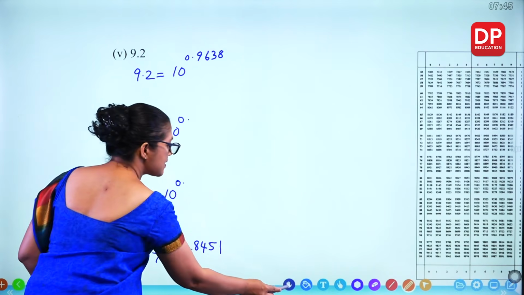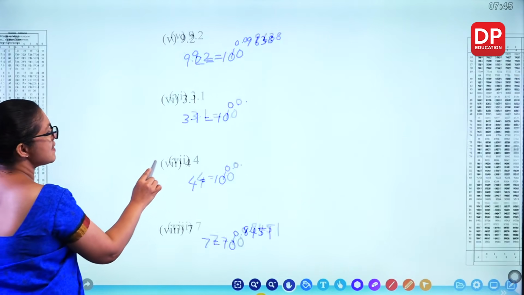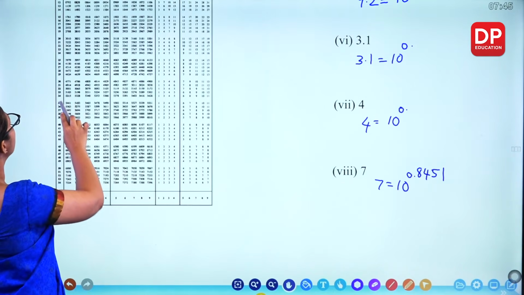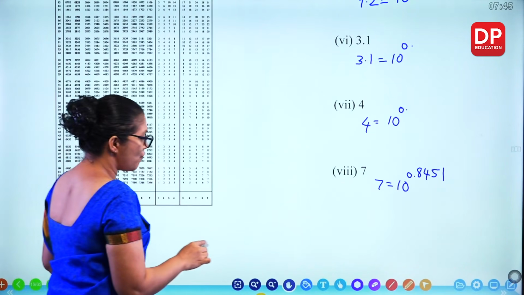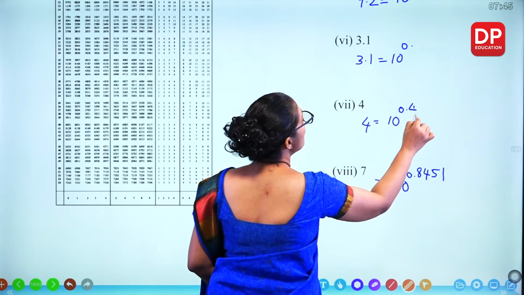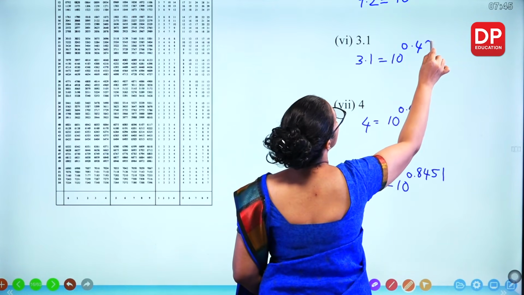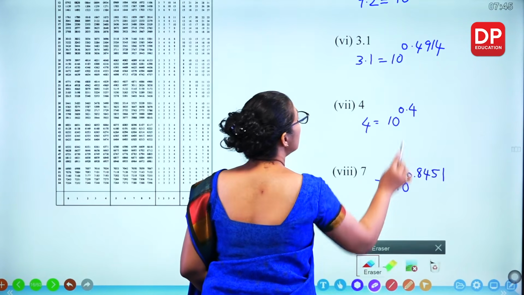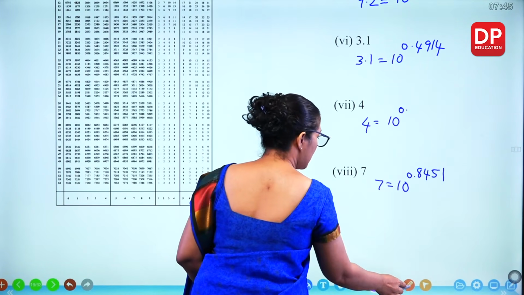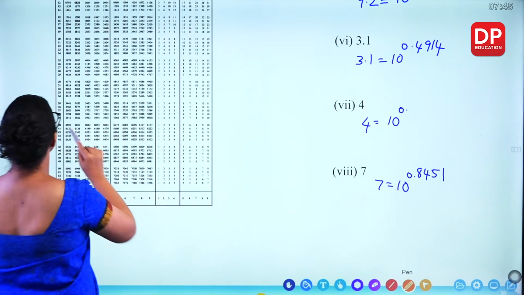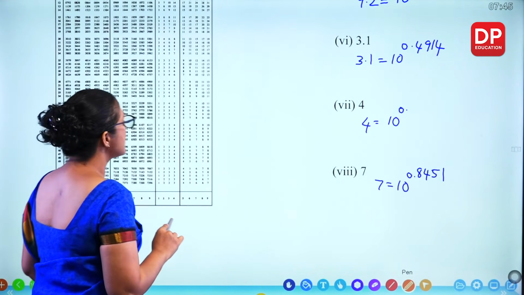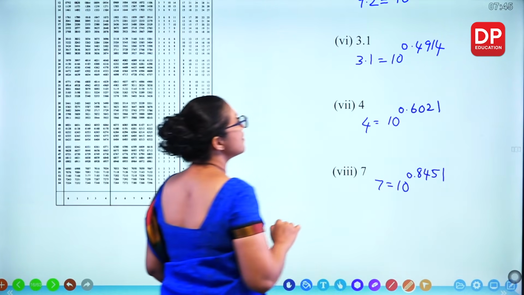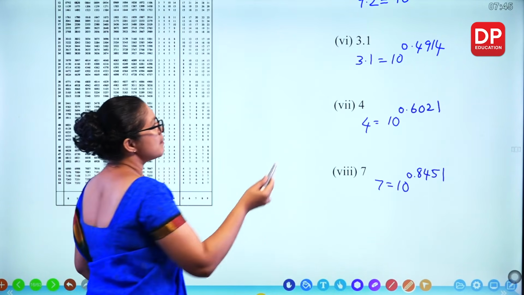Now I'll look at this table. 310 gives 4914. And I'll refer to 400. 400 is 6021. So those are the logarithmic values.